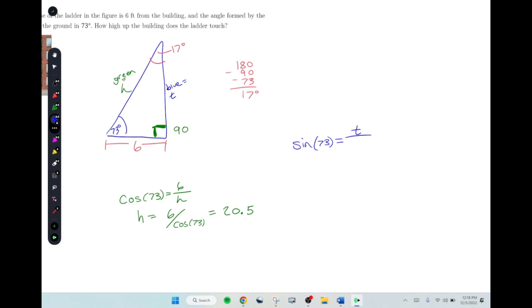Well, we know the hypotenuse now, though, 20.5. It doesn't matter. We're solving the whole thing. So now we've got T equals 20.5 sine 73, which is, if I had to guess, I'd say like 10, 9. Is it 9 or 10? 12?